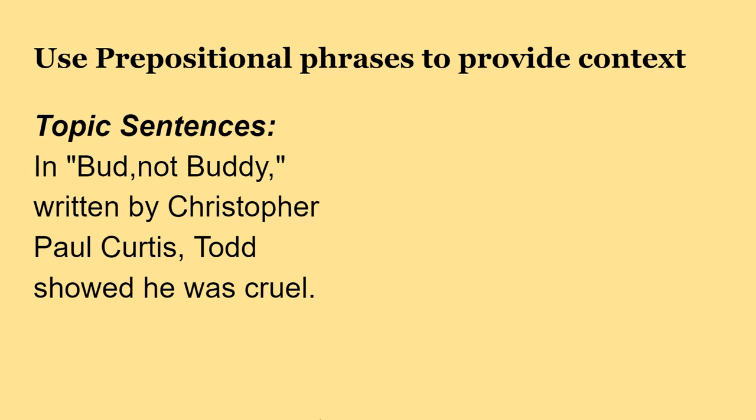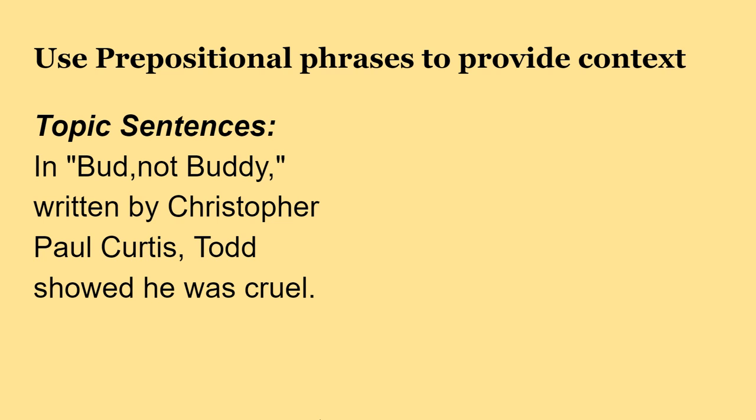We have in Bud Not Buddy, or we write in the novel Bud Not Buddy, or in the article. We start most of our topic sentences with a prepositional phrase. So you guys are already using prepositional phrases a lot more than you think. You use these in your writing already. We're just trying to understand them a little bit better so we could specifically use them when we want to.